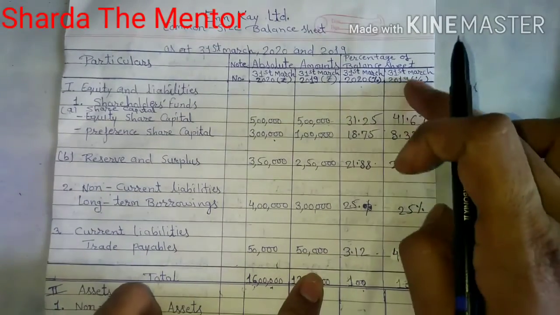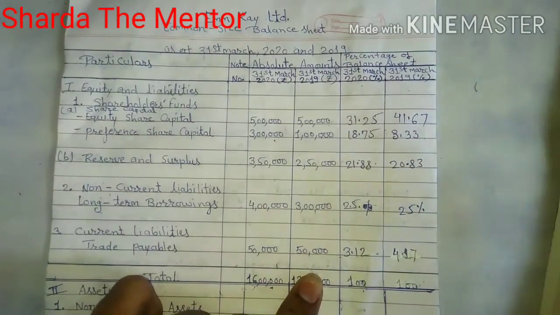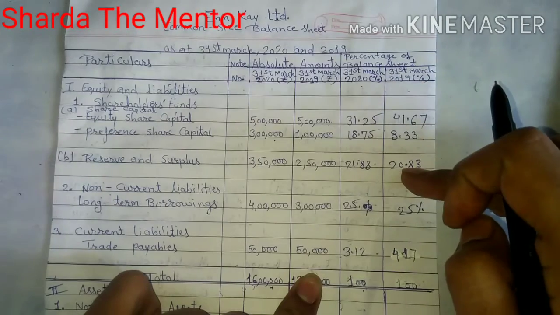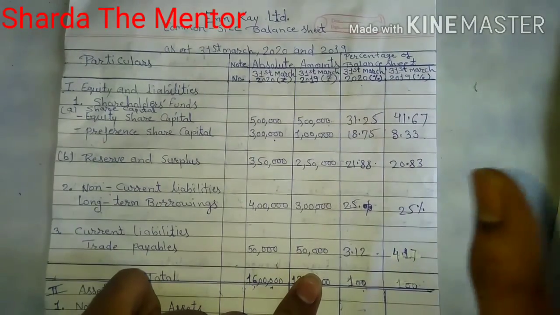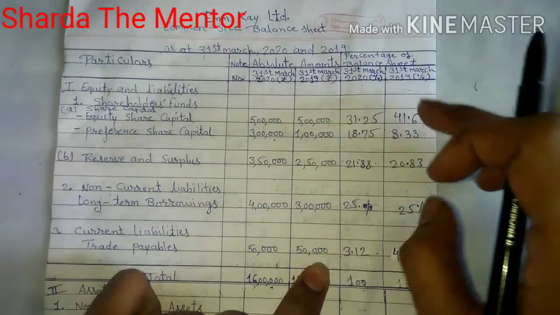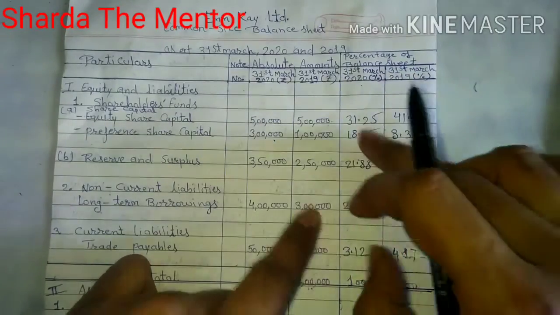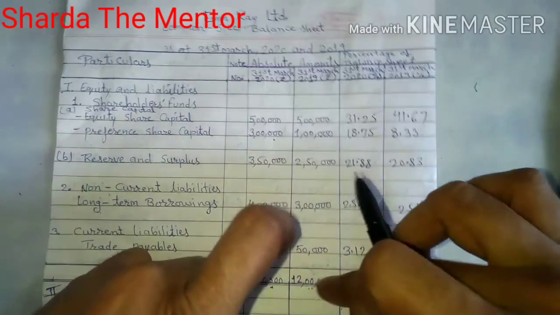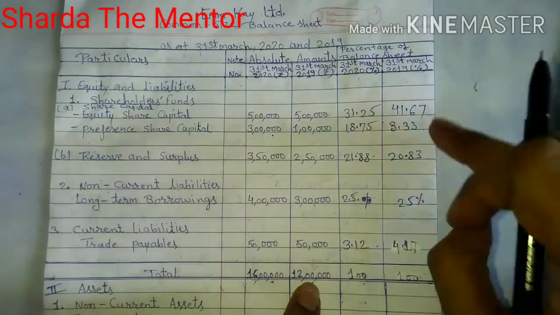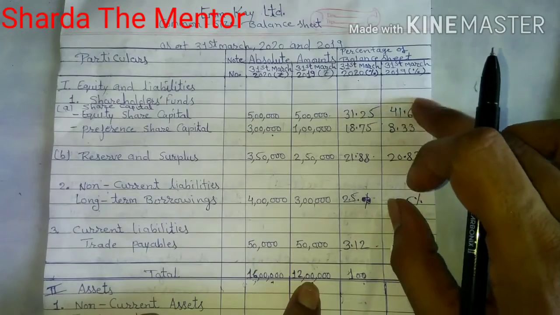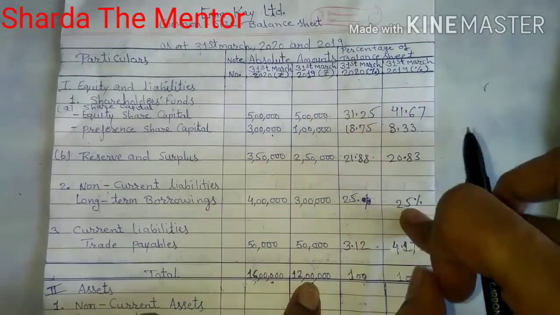In the comparative statement we find out the percentage change, which means the absolute change compared with the base year. But here in 2019 we take 12 lakh as the base, and on the basis of that we find out the percentage of each item in 2019.